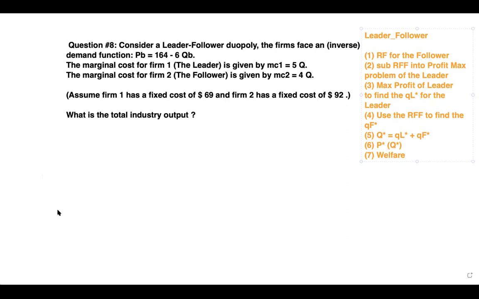Okay, so let's go ahead and do step 1. Find the reaction function of the follower. Rather than just get to total industry output and skip all the way down to 5, we'll take a couple of the intermediate steps and then go from there.